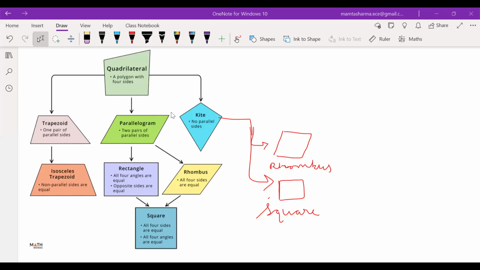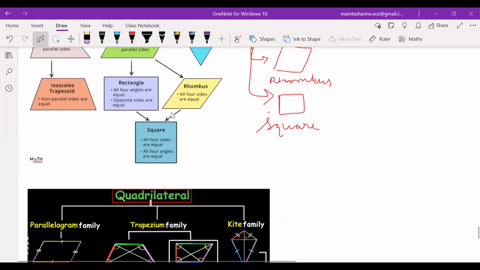Done? Now, as homework, you have to revise all the properties of parallelograms, trapezium, as well as kite. Revise all the properties of the quadrilateral family.